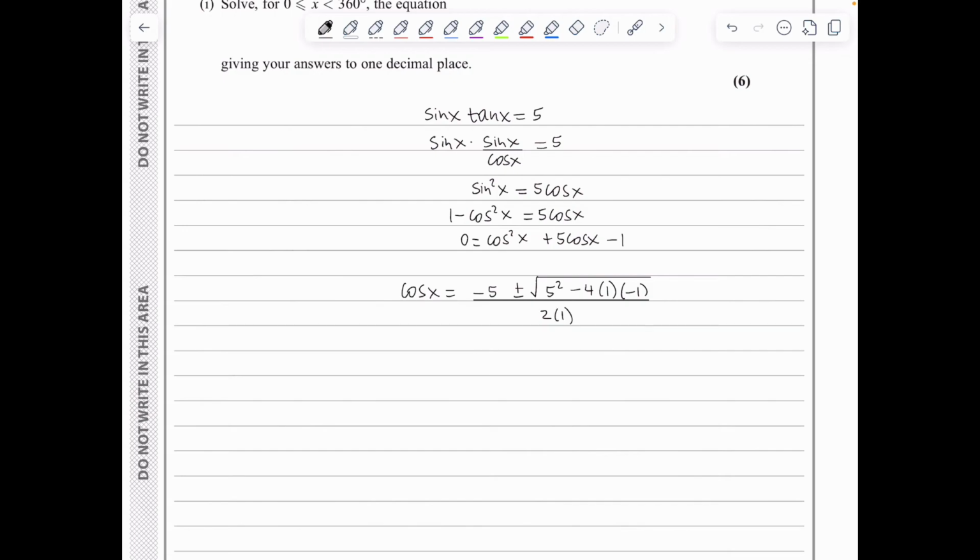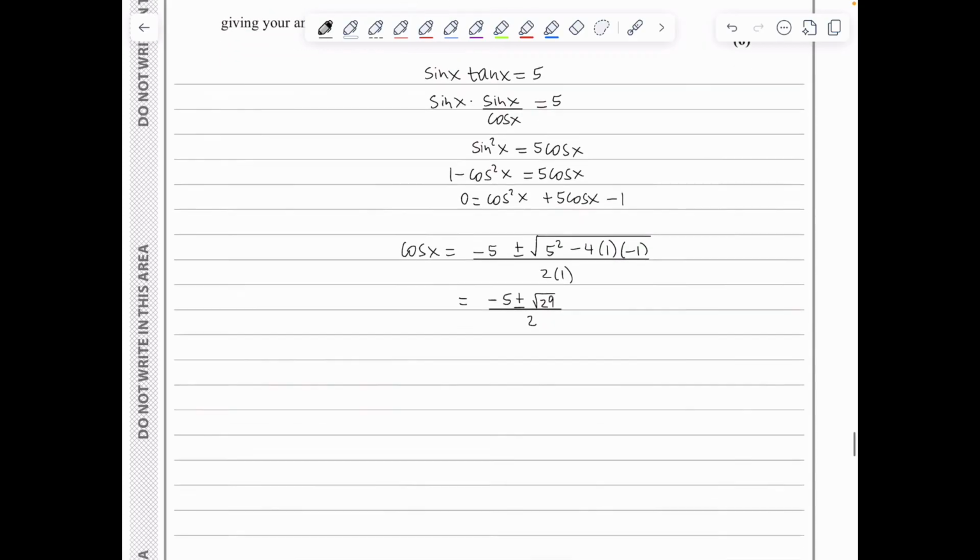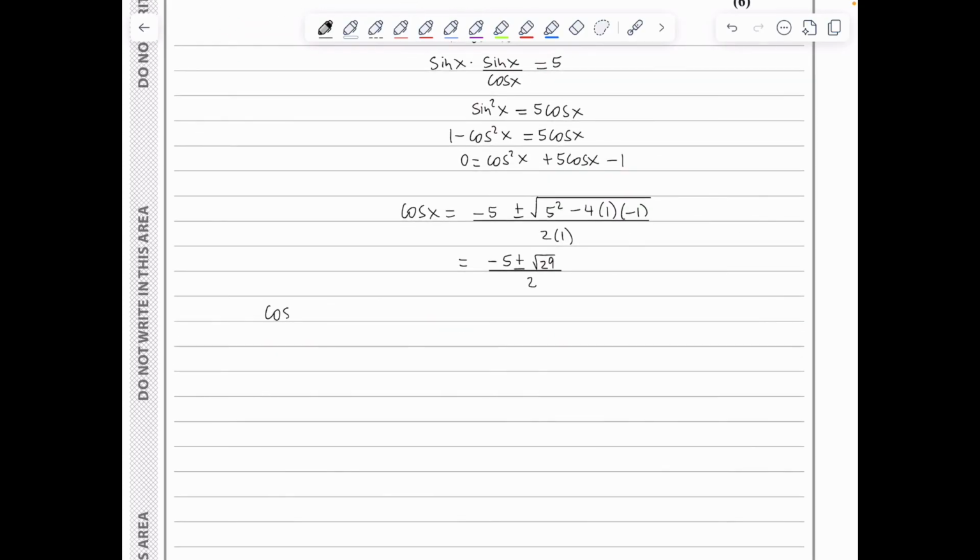If I put this on the calculator, I get a result of minus 5 plus minus root 29 over 2. And therefore, we conclude that cos x is either minus 5 plus root 29 over 2 or cos of x is equal to minus 5 minus root 29 over 2.